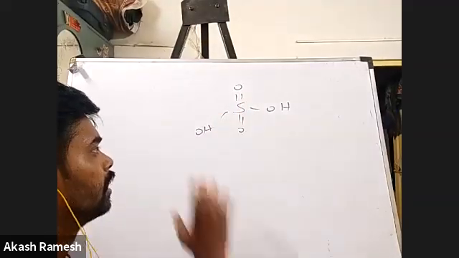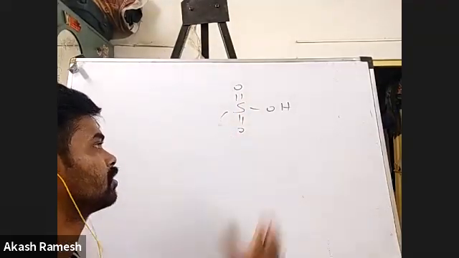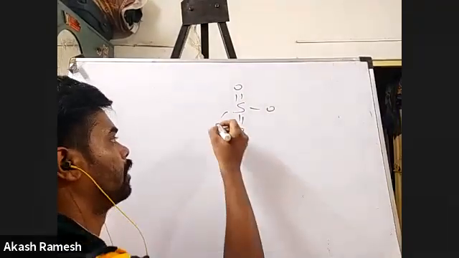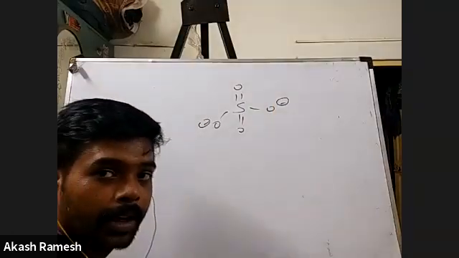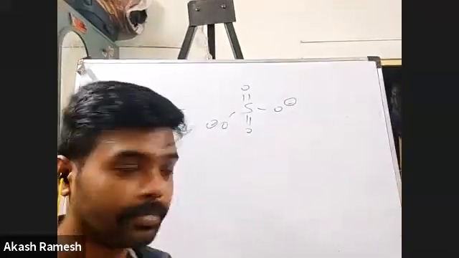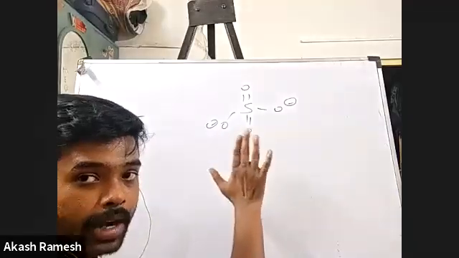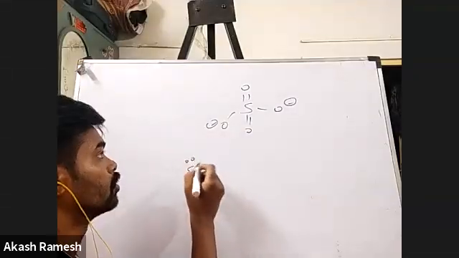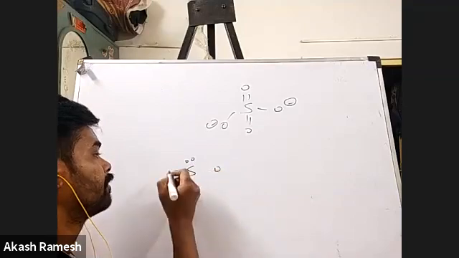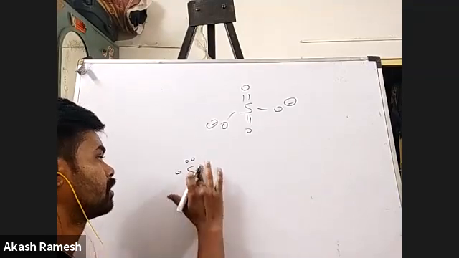So let me take out the hydrogens and put it as O minus and O minus. Now we'll draw the normal Lewis dot, which we already saw. Sulfur has 6 valence electrons, 1, 2, 3, 4, 5, 6.